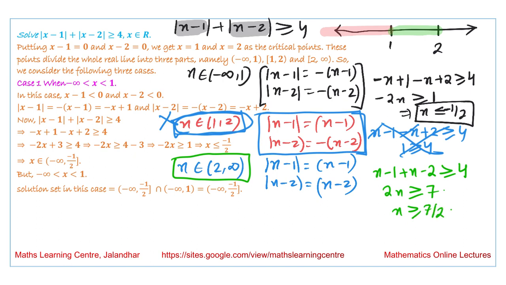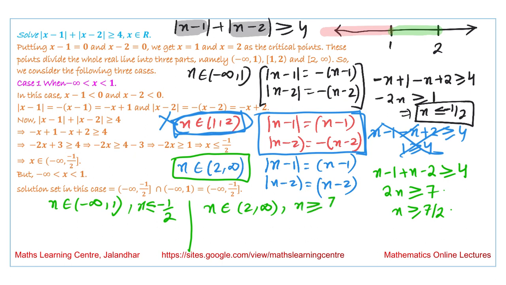So what we obtain is that when x belongs to minus infinity to 1, the value of x is less than or equal to minus 1 by 2. And when x belongs to 2 to infinity, the value of x is greater than or equal to 7 by 2.